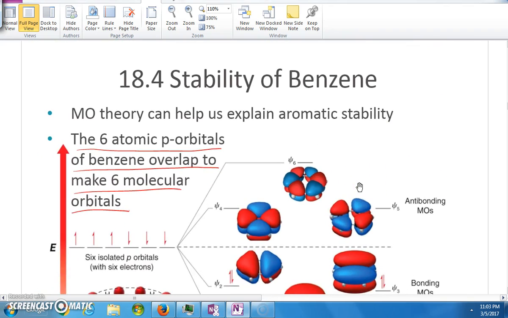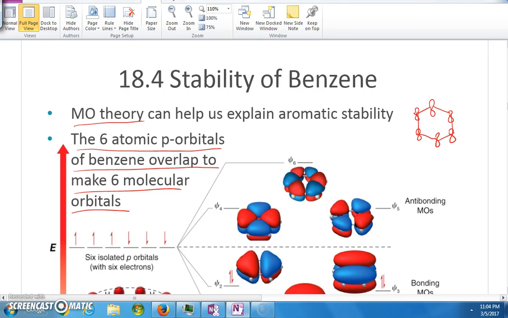Now, to be able to understand the significant stability of benzene, we need to consider the molecular orbital theory, right? And the interesting thing is that benzene has 6 sp2 hybridized carbons. So each carbon is sp2 hybridized, meaning that it's going to have an unhybridized p orbital.